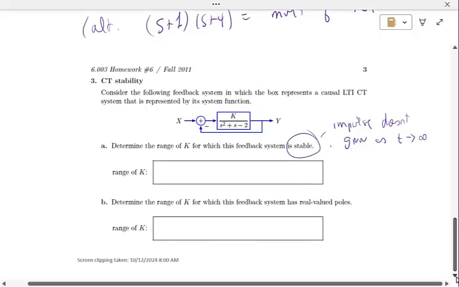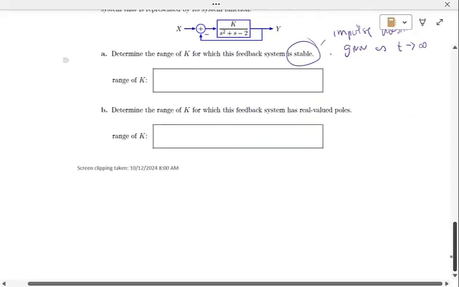Now remember, what you want to do here is find the impulse response. Now the impulse response is going to be some linear combination of exponentials.